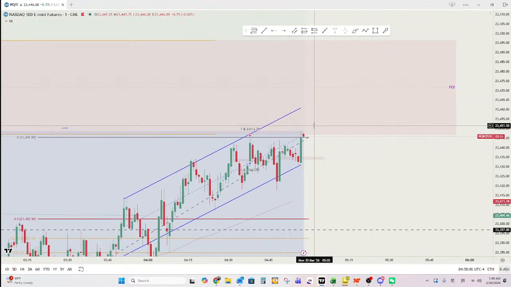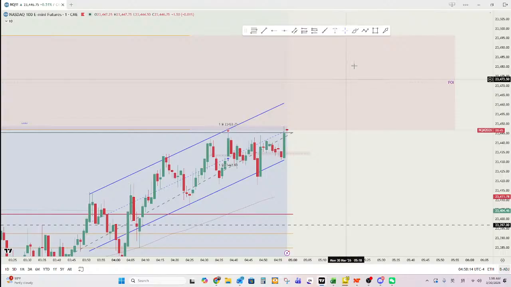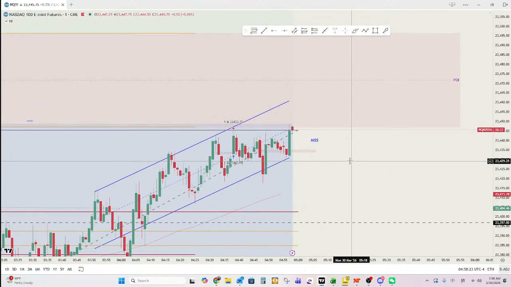So I will see if there is a break of structure, which is also called MSS. If there is an MSS, I will enter the trade, and we will see.